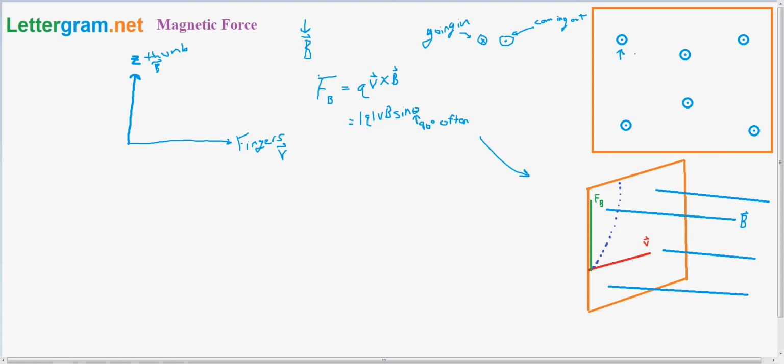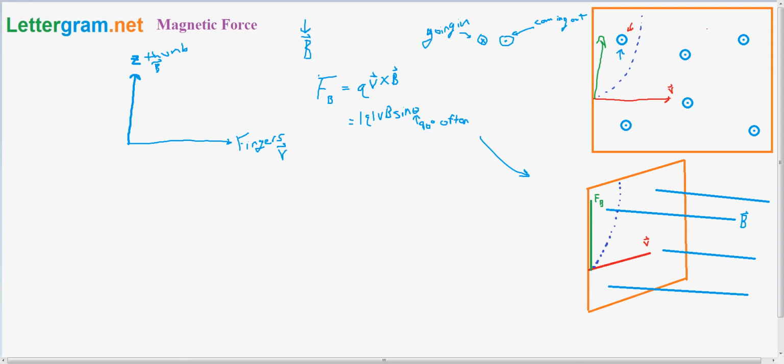Okay, so since these are coming out of the page right here, and we have a velocity coming in like this, again, put your hand perpendicular to the page, magnetic field lines coming out, make those your thumb, they're coming out of the page. Make your fingers the velocity. This is the velocity right here. You'll then get a force going up, and the particle will arc up.